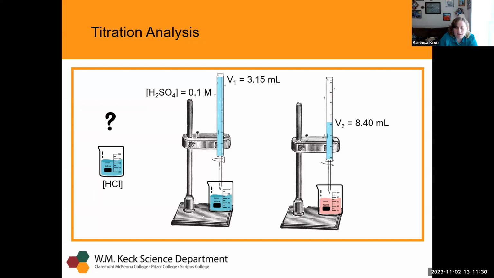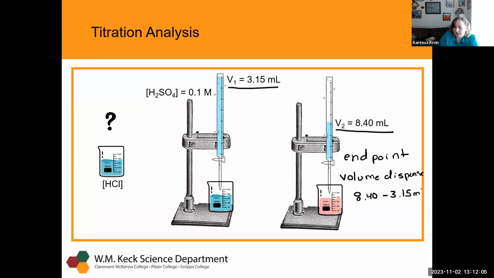So if I had some solution of HCl and H2SO4, and I start my burette at 3.15 milliliters, and my final volume is 8.40 milliliters, then my endpoint, or the volume that I have to dispense, is going to be 8.40 minus 3.15 milliliters.